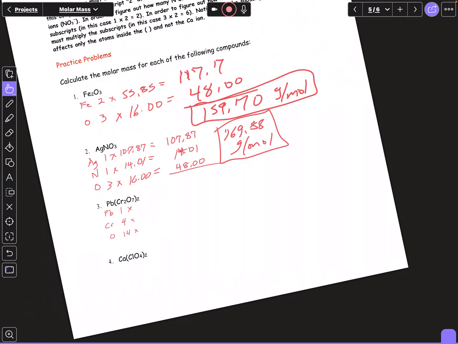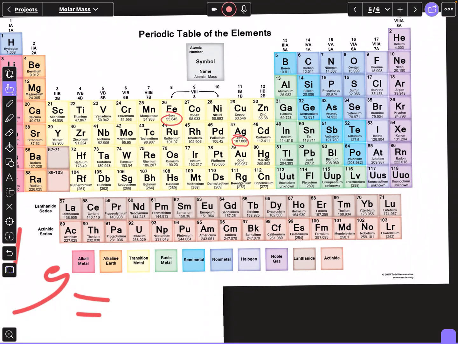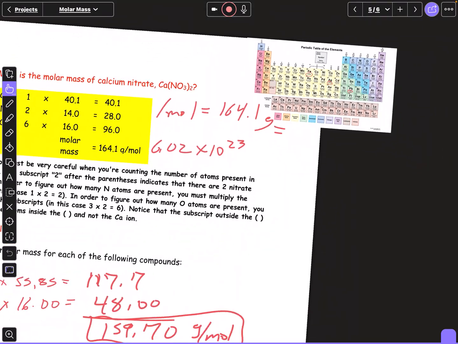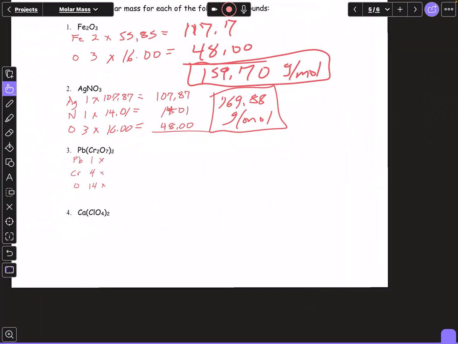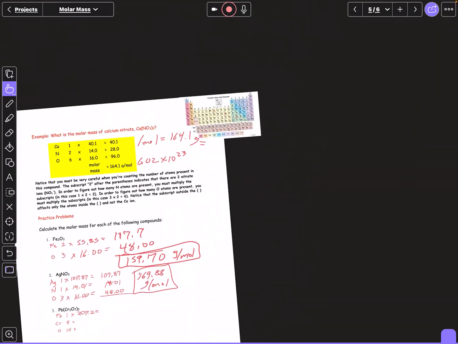So I need lead's first. I find Pb is 207.2. Now look up chromium's.